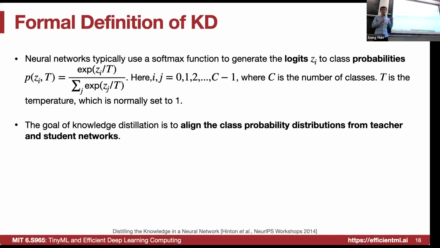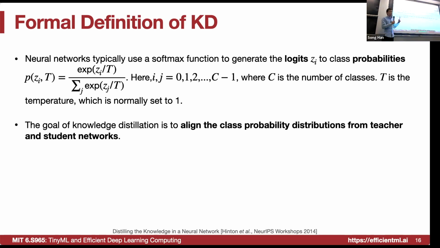Having talked about those intuitions, let's formulate it in math to see what exactly we are trying to match in knowledge distillation. We have the teacher model and the student model, T is the temperature, and Zi is the Logits for class i. We calculate the softmax over the different classes, where C is the number of classes, and T is the temperature, which is normally set to 1.